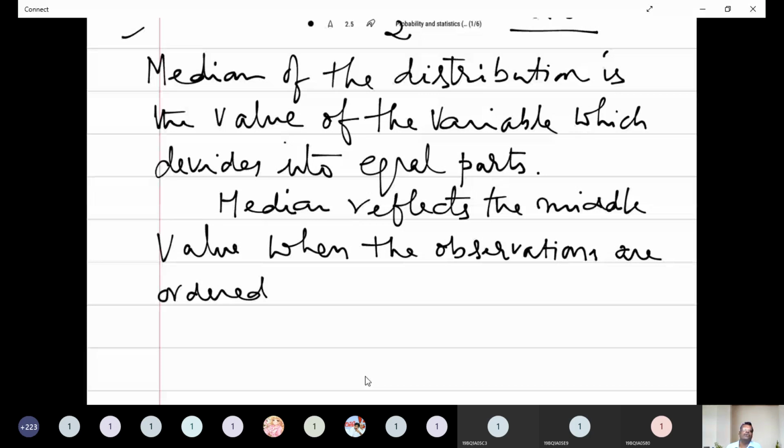This is also a definition of the median.